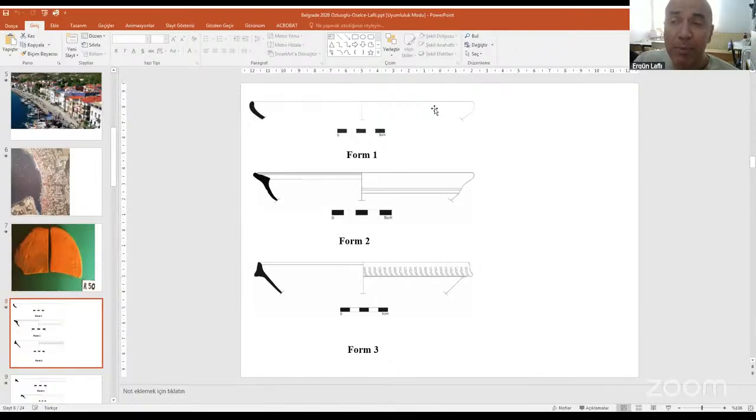Another problem about Phocaean red slipware was the typology. The typology that Hayes did in his 1972 volume, as well as in his supplement volume, in his handbook, and in all his later publications of Athens, the Athenian Agora, as well as Paphos and the Royal Ontario Museum catalogue. He mostly worked with Phocaean red slipware found outside of Turkey, outside of Turkish sites, mostly from Athens or other places far from the source.